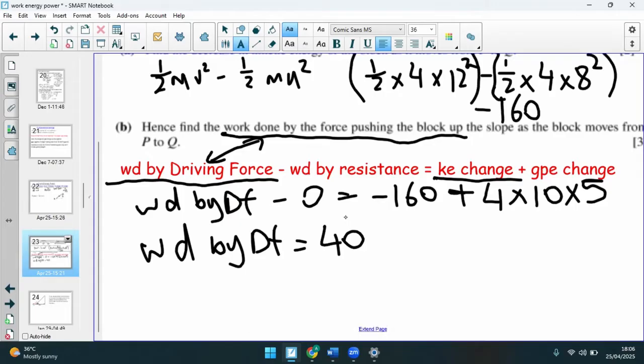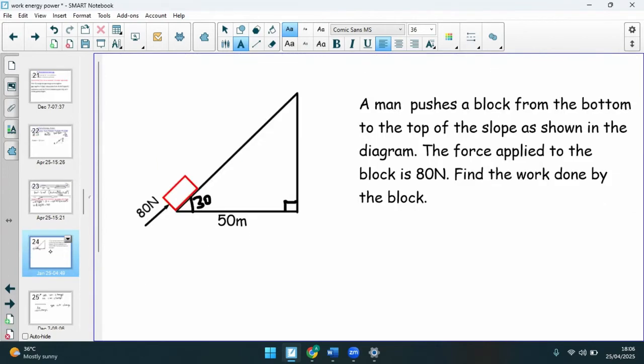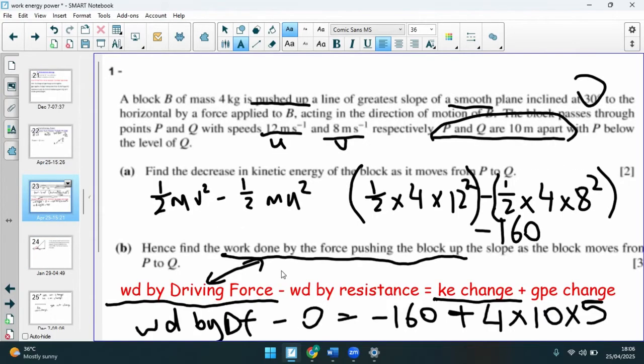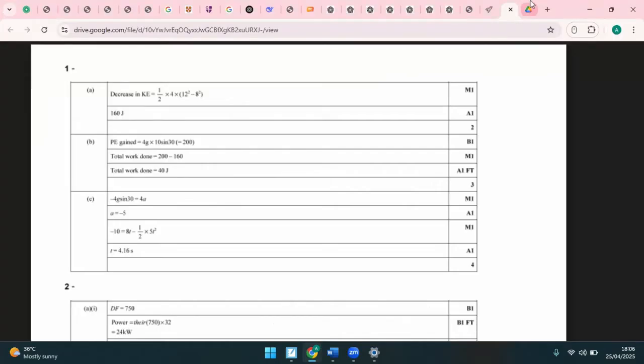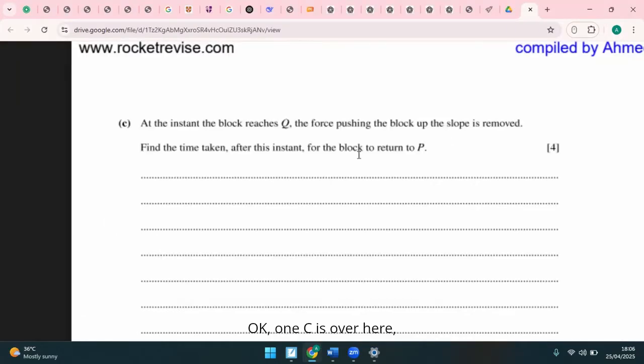That's your answer. Okay, so that's part B, and let's go to part C. Okay, 1C is over here.